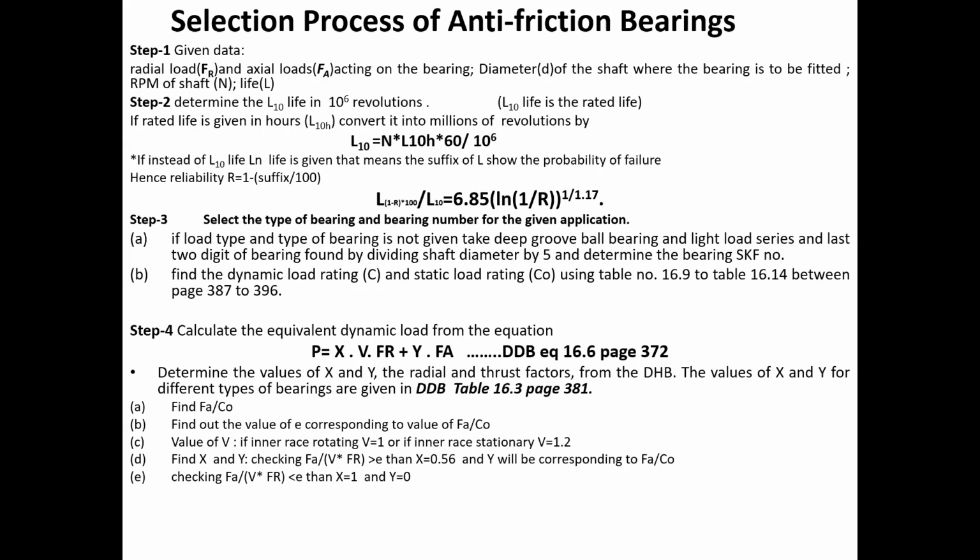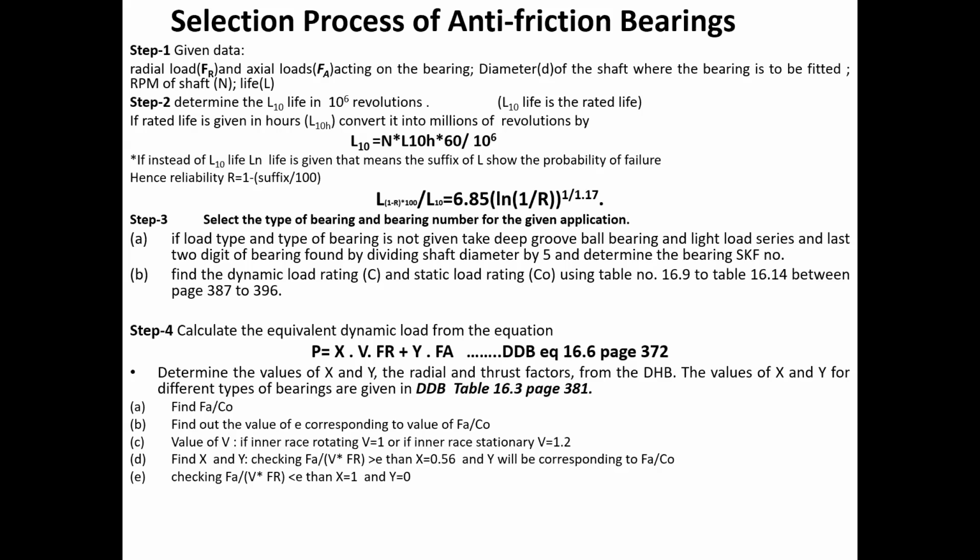Once we have found this bearing number 6209, then we will use our design data book, where different tables are given for roller and ball bearings.